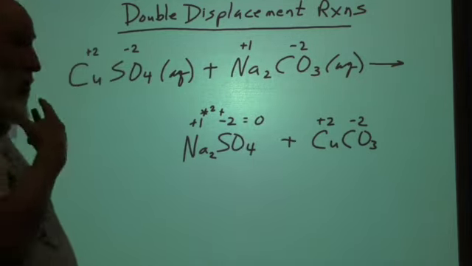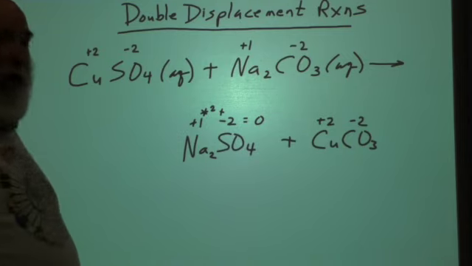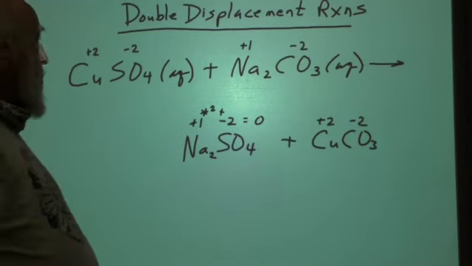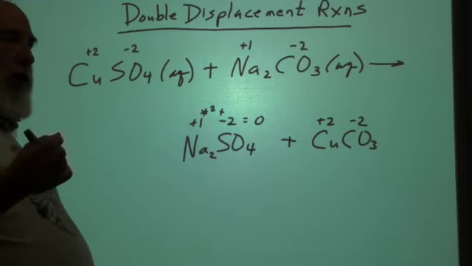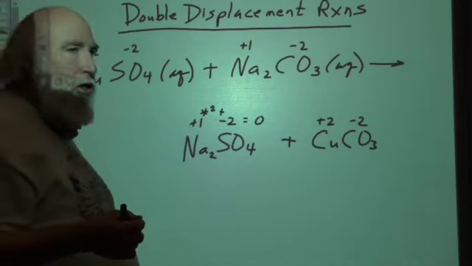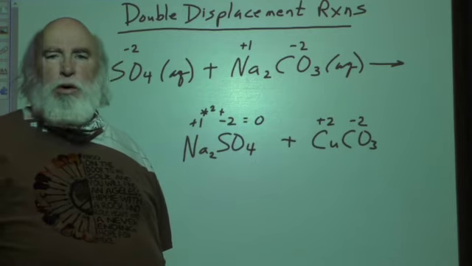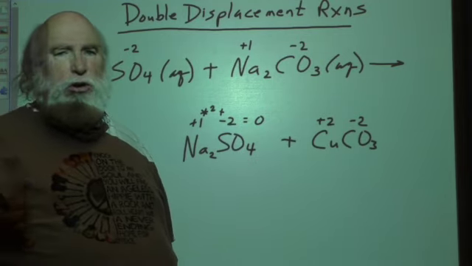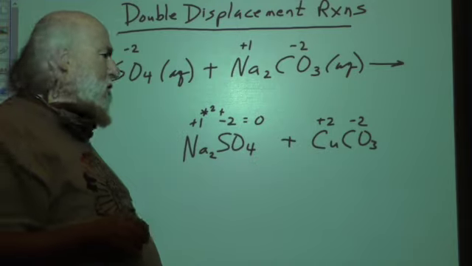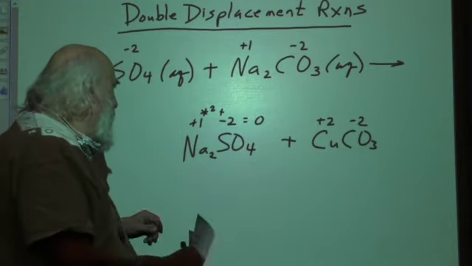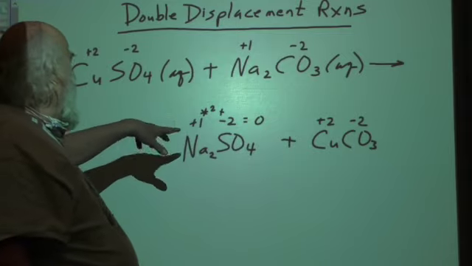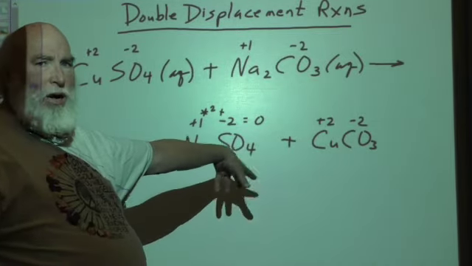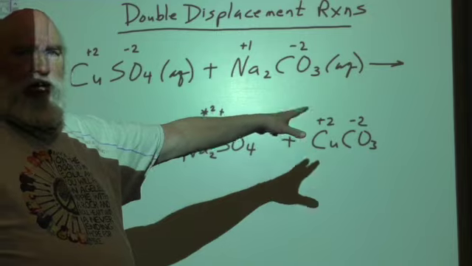Now the next thing we need to do is to check for phases. And there's 2 things going to happen in a double displacement reaction, and I'm going to include a video of a double displacement reaction for you to look at so you can see what happens here. What happens here is that one of them is going to turn out to be aqueous and the other is going to turn out to be a solid.